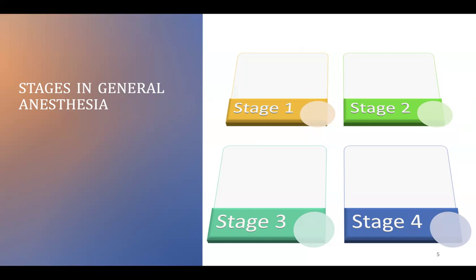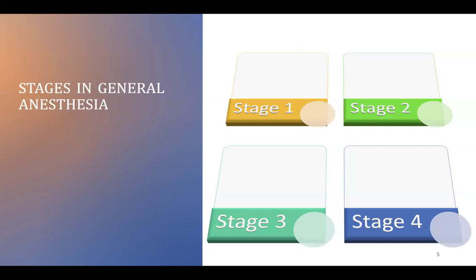Then stage 2 gives way to stage 3. Stage 3 is what we call the surgical anesthetic stage. This is the stage where we can start the procedure. The patient is ready. But stage 4 is where the concentration of the drug is very high.